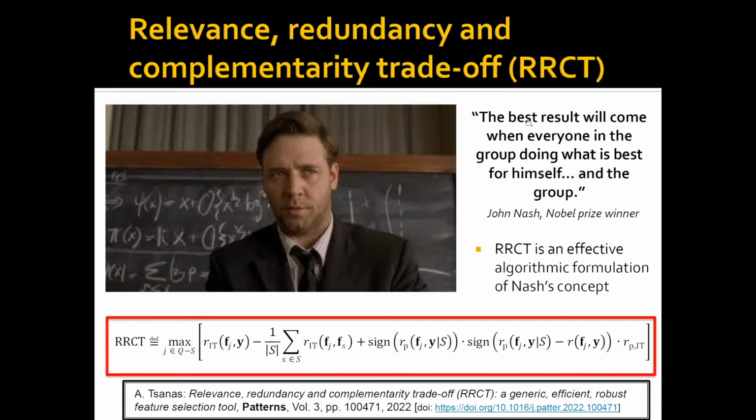I still remember when I heard it, that's when I stopped the movie and went back to MATLAB to actually code this up. I've been trying for some time, and I will not go into too much detail, but the idea is you try to express this complementarity concept in a computationally efficient way.